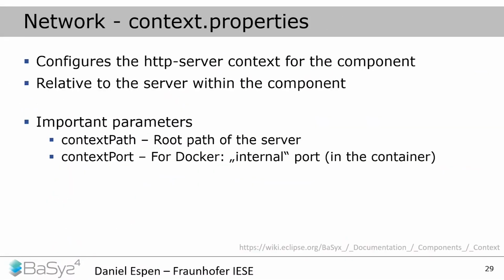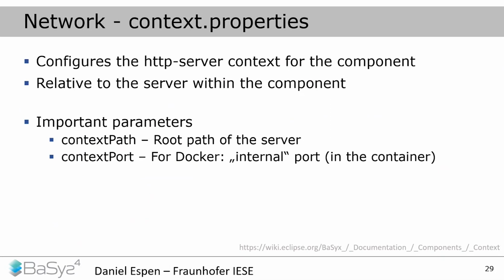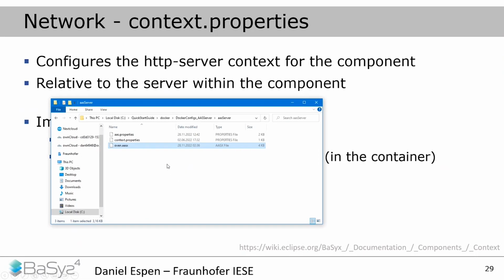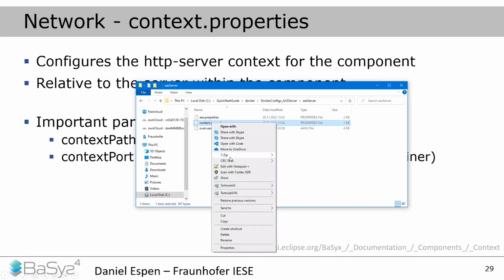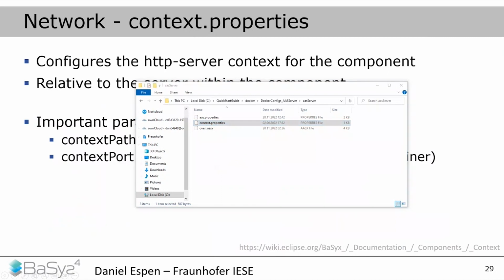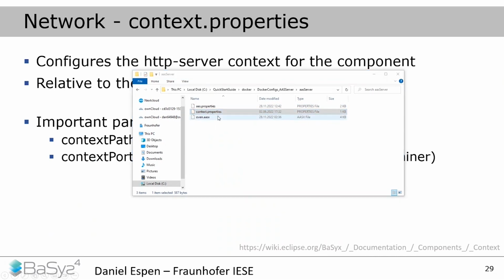Basically, we looked at that file here. What you can also do, if you would like to specify your network configuration in another way, is use these context properties here to define the port or the path in which you can access the server.